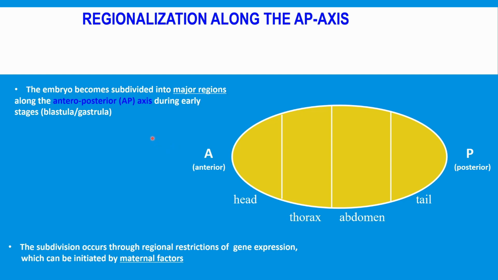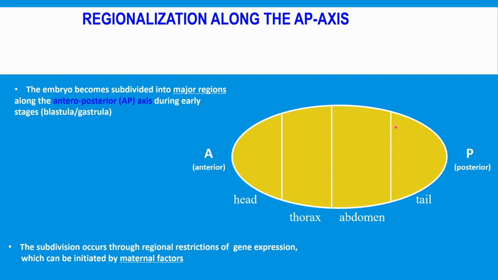So also during the gastrulation, or transition from blastula to gastrulation, where things start moving, the embryo becomes subdivided into major regions along the anterior-posterior axis.